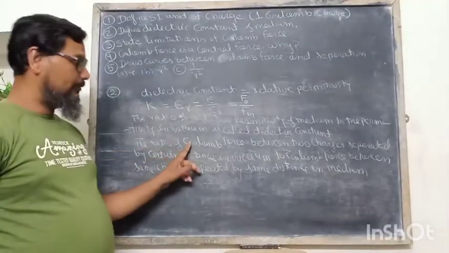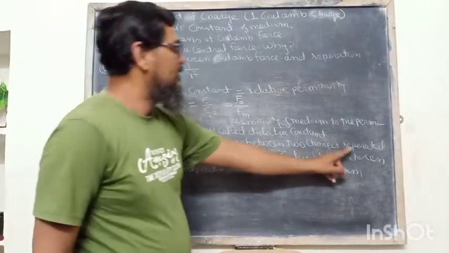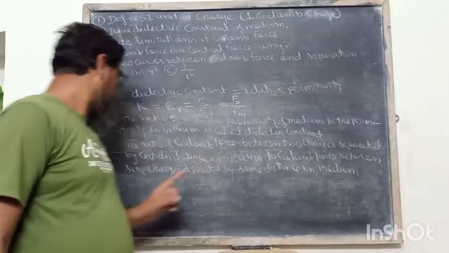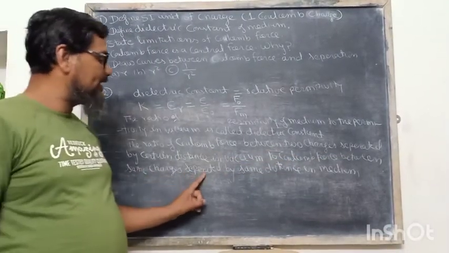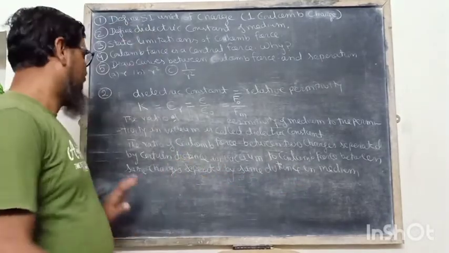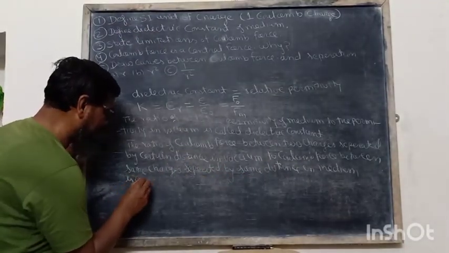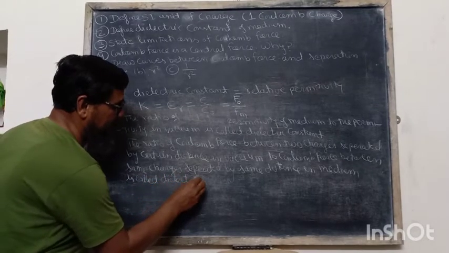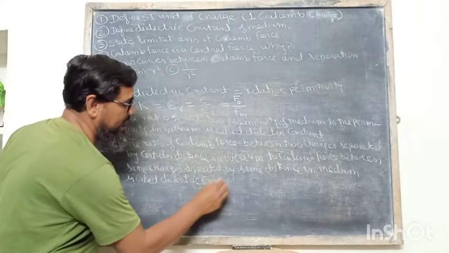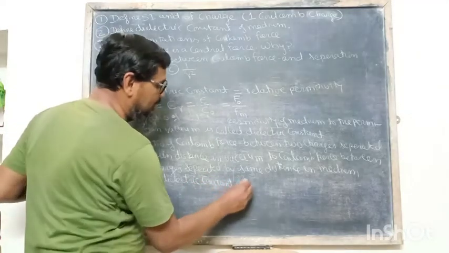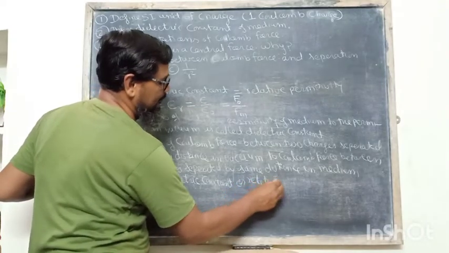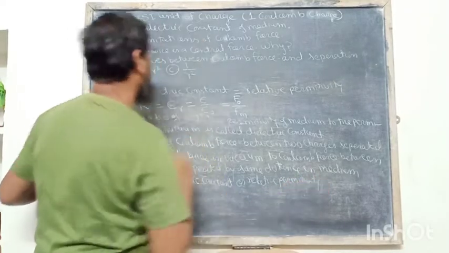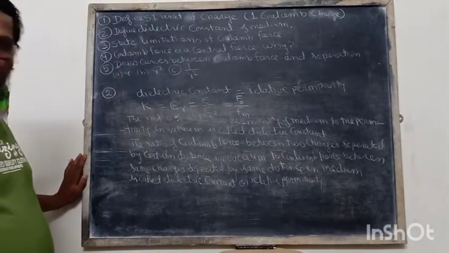The ratio of Coulomb force between two charges separated by a certain distance in vacuum to the Coulomb force between the same charges separated by the same distance in medium is called dielectric constant or relative permittivity. This is the answer of the second question.